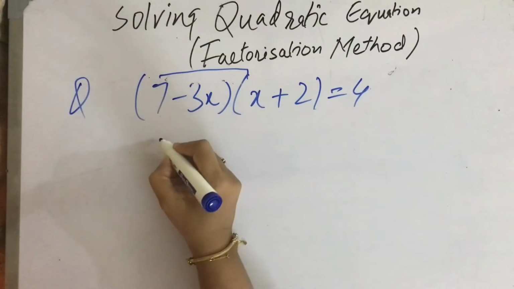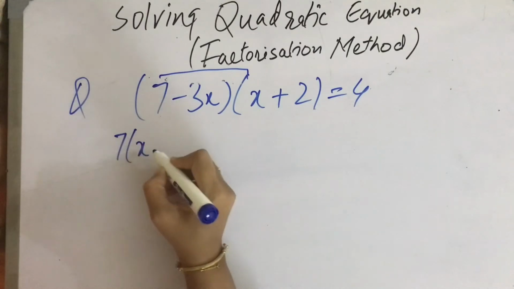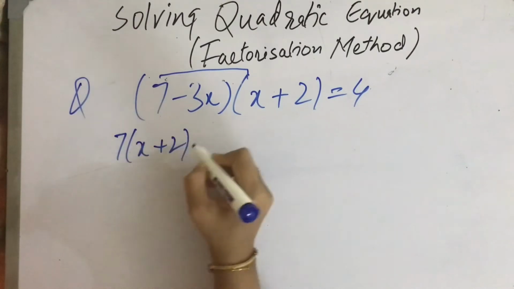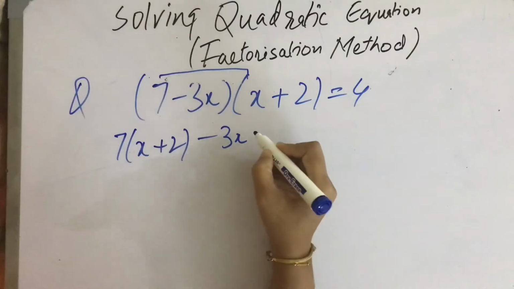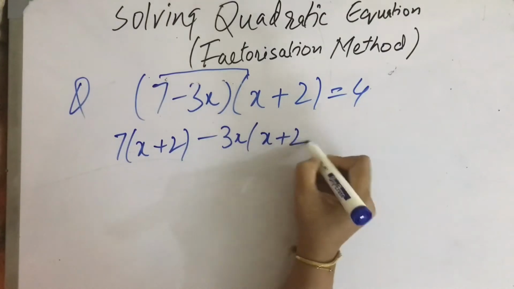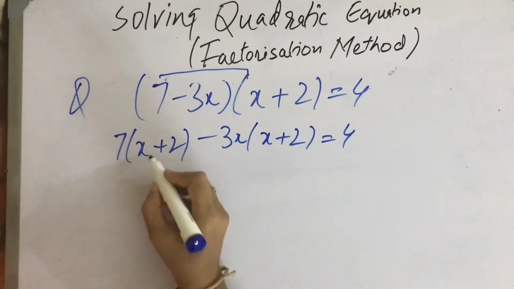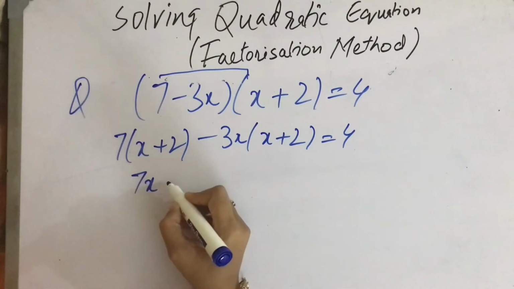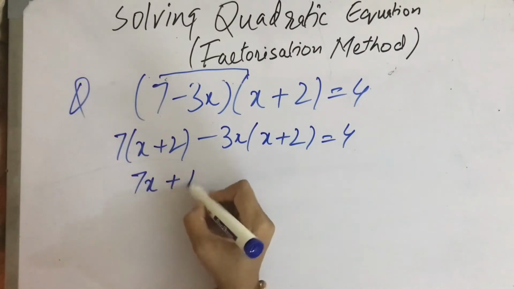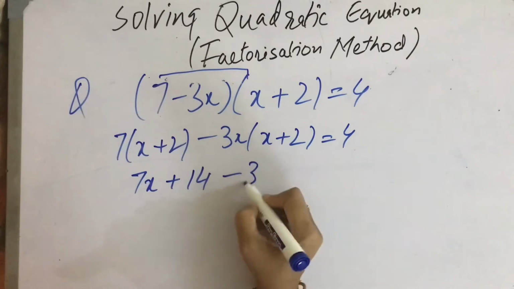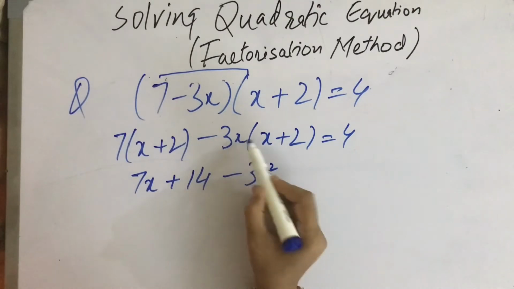So 7 multiply x plus 2, minus 3x multiply x plus 2 equal to 4. When we multiply 7 with x, it will be 7x plus 2 times 7 is 14, minus 3x square.